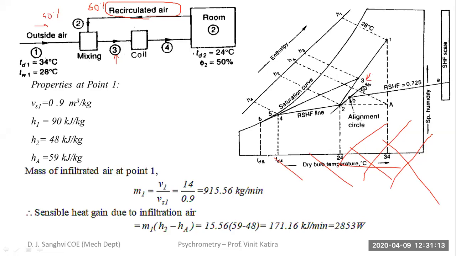So on this line 1 to 2, this length 2 to 3 will be 40% of this total length. Understanding?